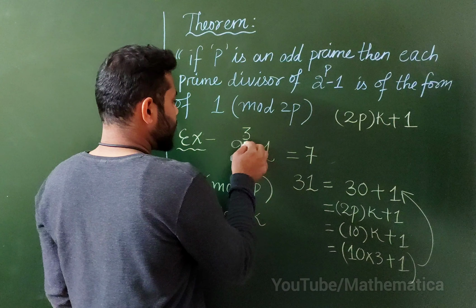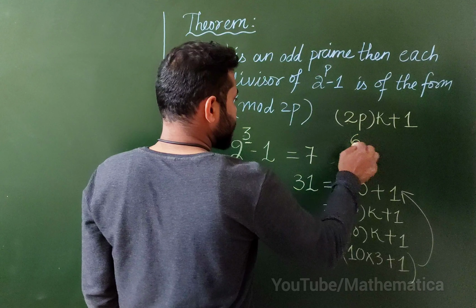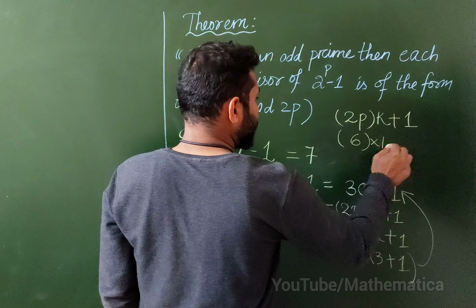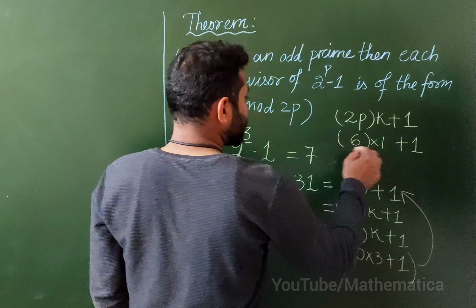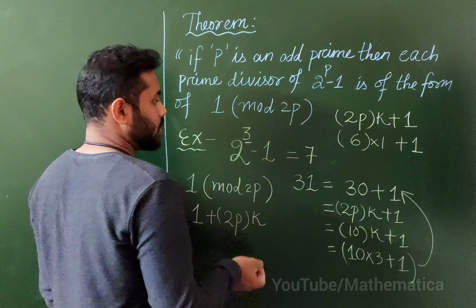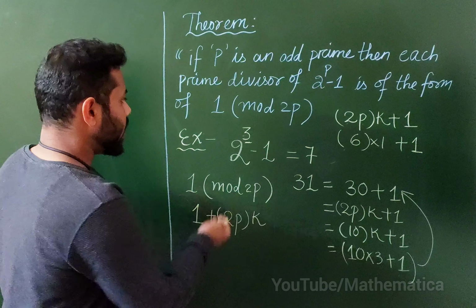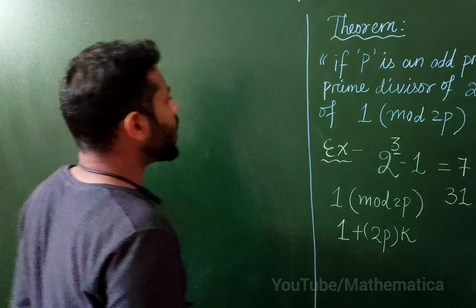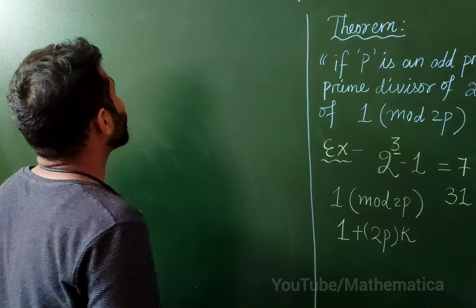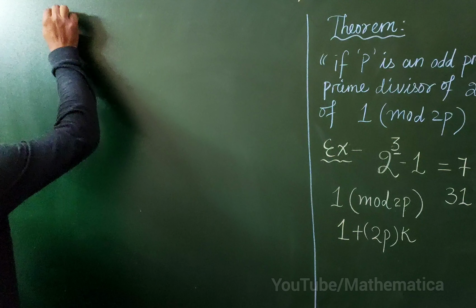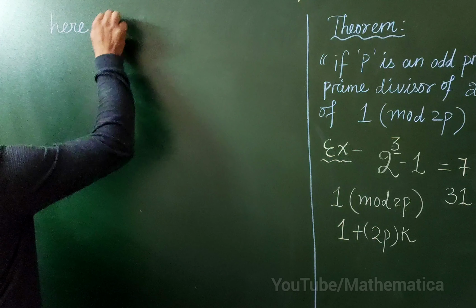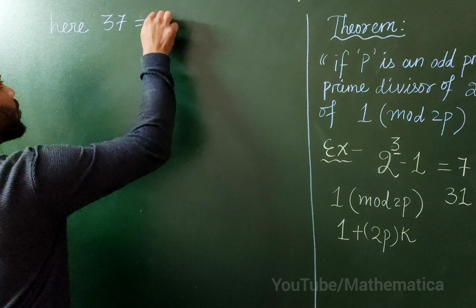Here p is 3, so 2p is 6, and 7 is 6 into 1 plus 1. So this is also of the form 2p plus 1. This is very helpful here, and now we may start solving this problem, because 37 is an odd prime.